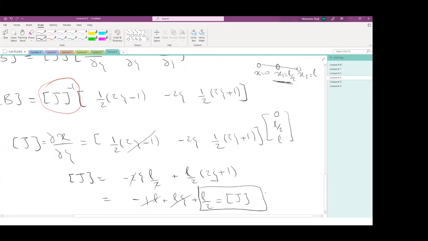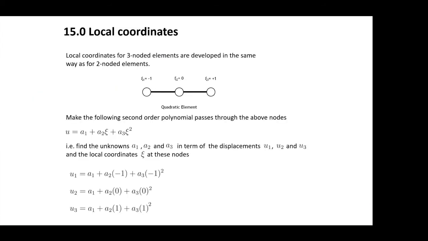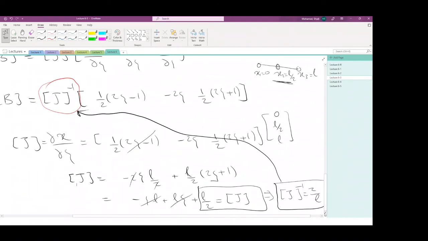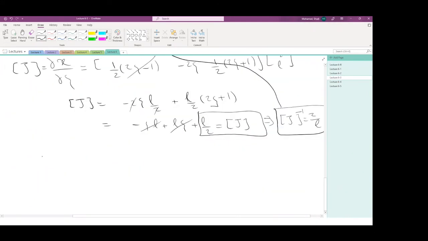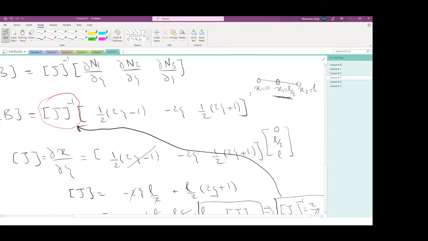Okay, so this is the Jacobian. I've got that. I can find the inverse of the Jacobian. So the inverse of the Jacobian is 2 over L. And I'm just going to insert this in here so I can find the B matrix. The B matrix is then going to be 2 over L multiplied by the derivative of the shape functions.